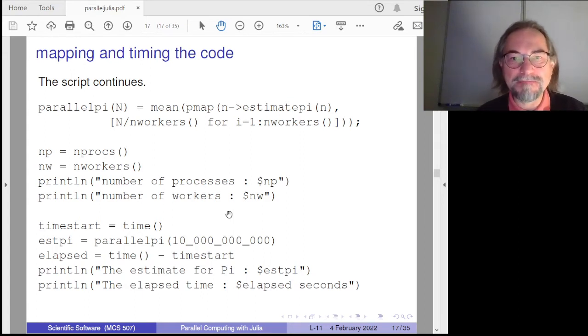We will map the function that we decorated with @everywhere, but it's still the same function from our sequential run. That's also the cool thing, because when programs are running in parallel, the order of execution changes, and if you have to recode things, then some difficult issues happen with correctness. How can you still be sure that when you compute something a lot faster, it's still as correct as the sequential version?